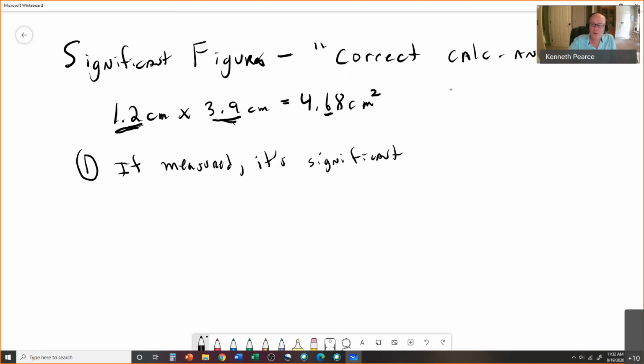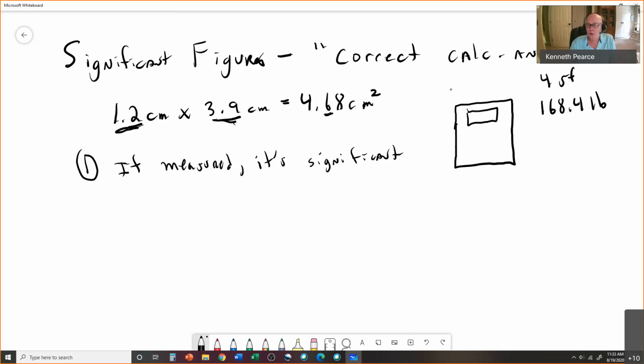If you step on a scale, like I stepped on a scale this morning, and you get a measurement, 168.4 pounds, then this has 4 significant figures because the scale has measured all 4 digits.